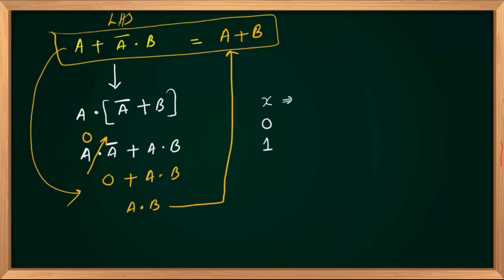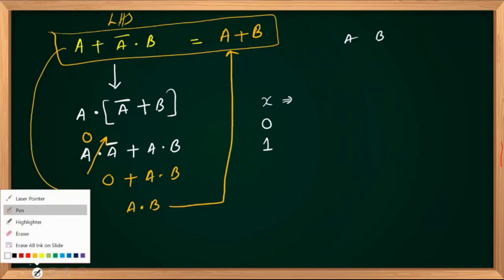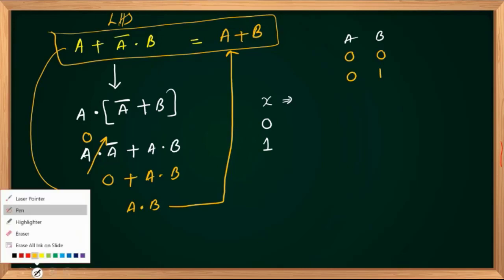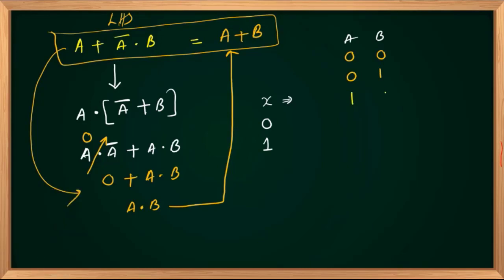If I am having A and B, two variables, if A equal to 0, B can take either 0 or 1 with A equal to 0. If A equal to 1, similarly, B can take two values, either 0 or 1. So four combinations are possible.